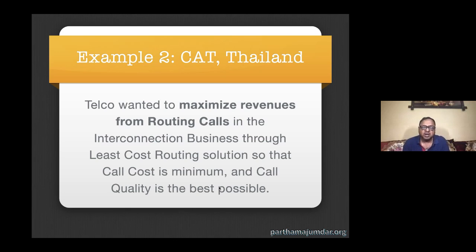BSNL will take the call and carry it up to the borders of India before it hands over the call to most probably Pakistan Telecom. Then Pakistan Telecom will take this call and hand it over to maybe Iran Telecom. And from Iran Telecom, the call will be handed over maybe to Turkey Telecom. And like this, the call will traverse network to network. It will keep on hopping till it reaches New York.